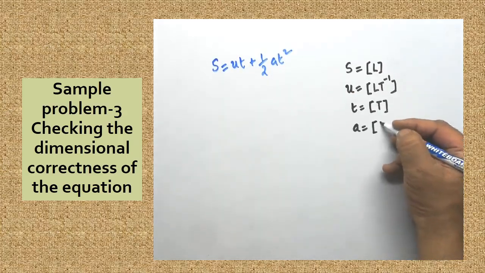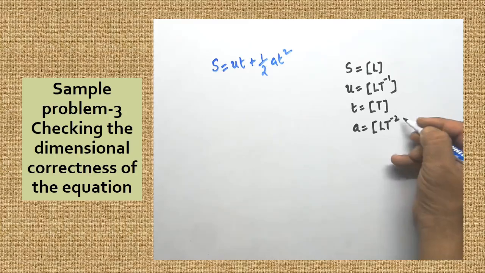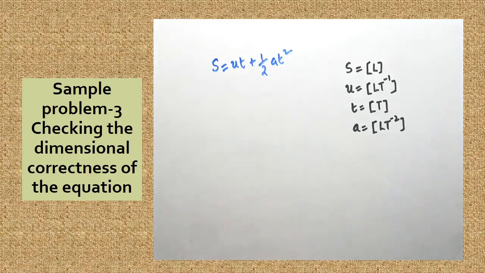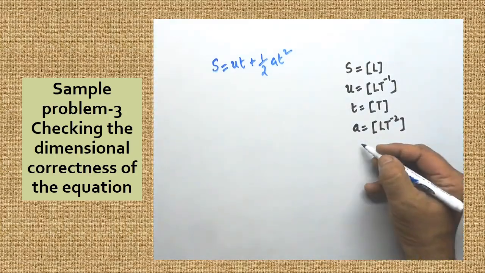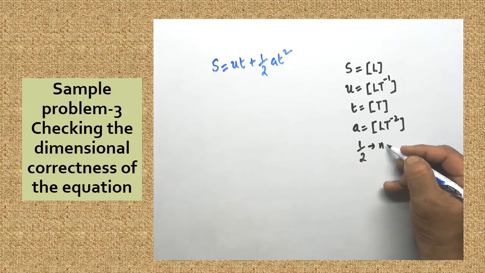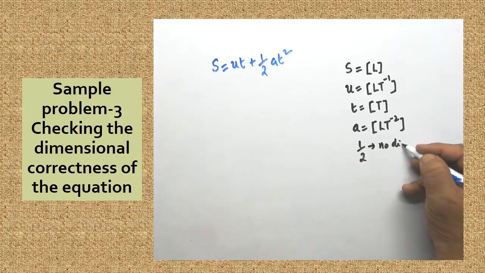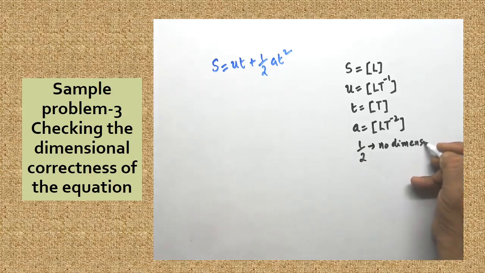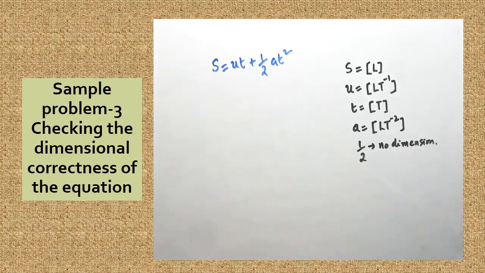Acceleration, LT^-2. And the most important thing is that half is a number. That half number has no dimension. That must be mentioned here. Are you clear? That half has no dimension.